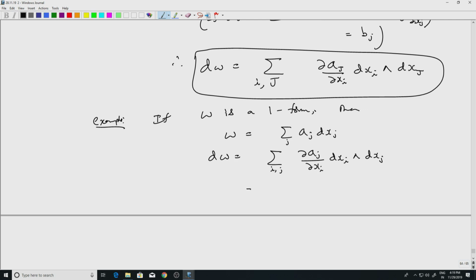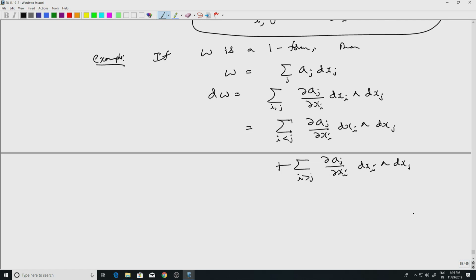So I have to consider two cases: i less than j, del aj by del xi dxi wedge dxj, plus i greater than j, del aj by del xi dxi wedge dxj.